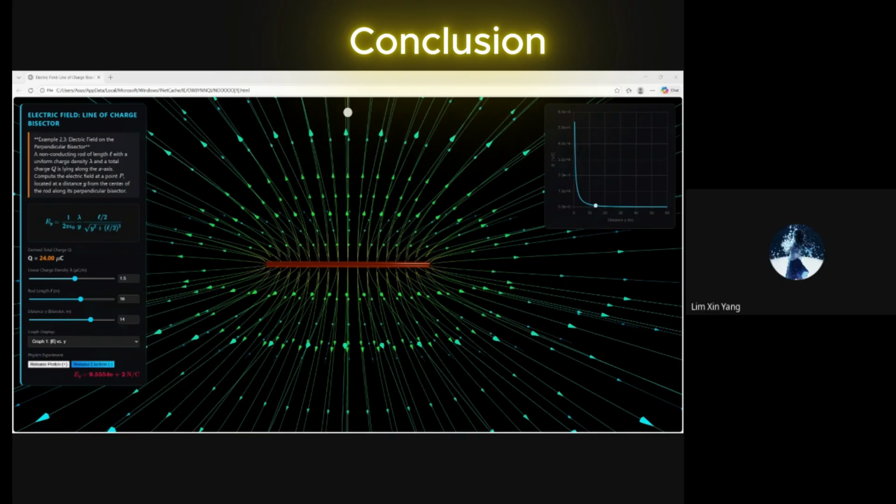More importantly, we gained valuable experience using AI tools like Gemini to generate functional HTML code for a physics problem, turning a static formula into a dynamic interactive simulator. This experience will be invaluable in our future study.